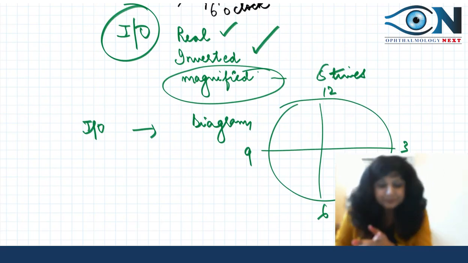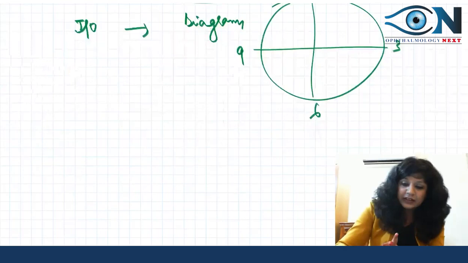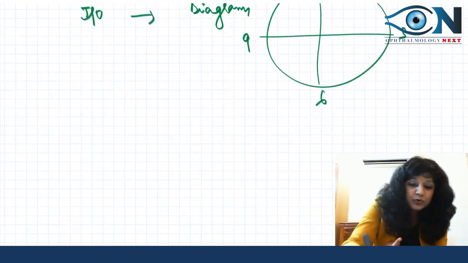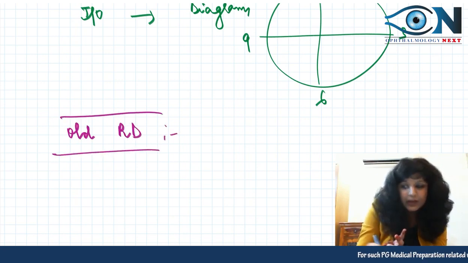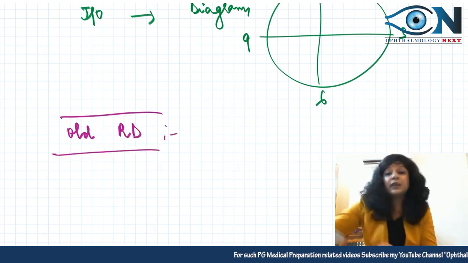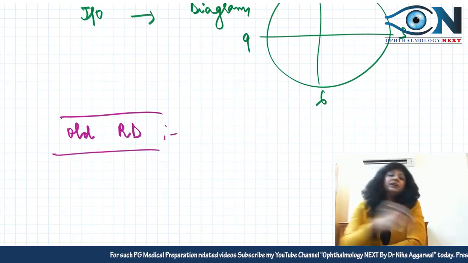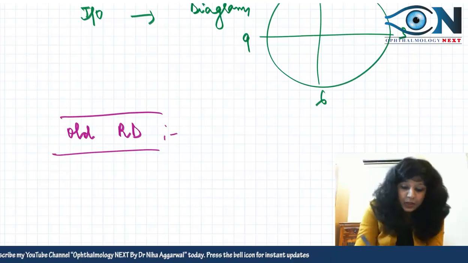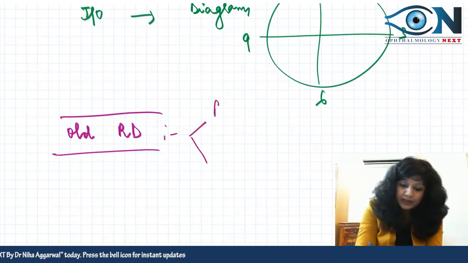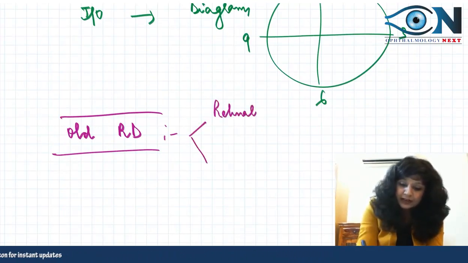Okay, now another important thing: how to look for an old RD, because many times the person may not come to you just as the RD occurs, and he may come to you late. So how to know that it's an old RD? You will have two things. One is retinal thinning.